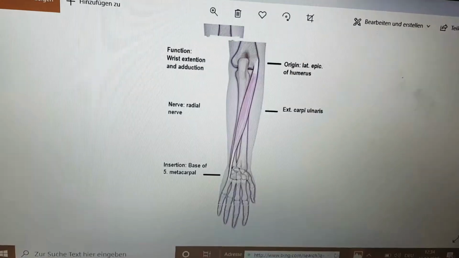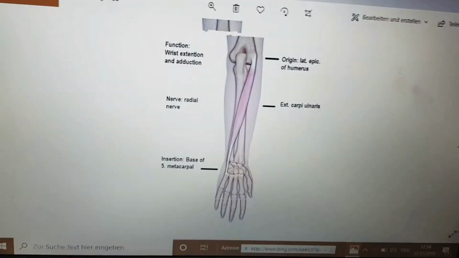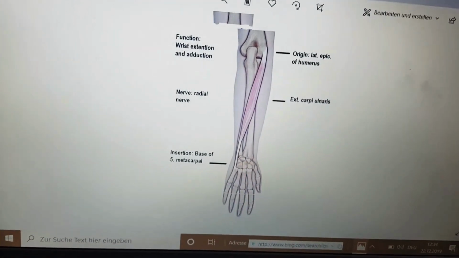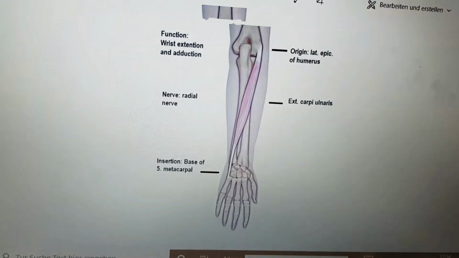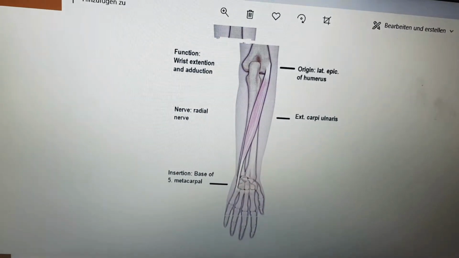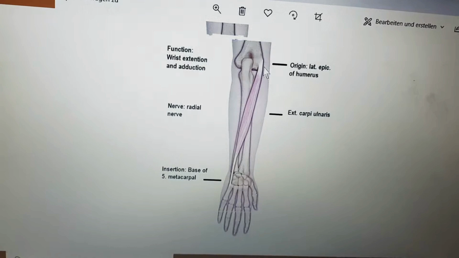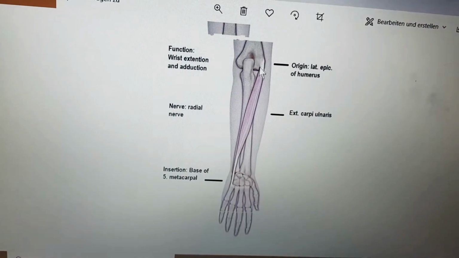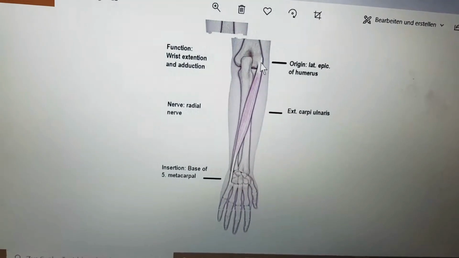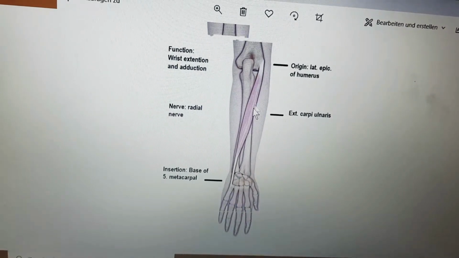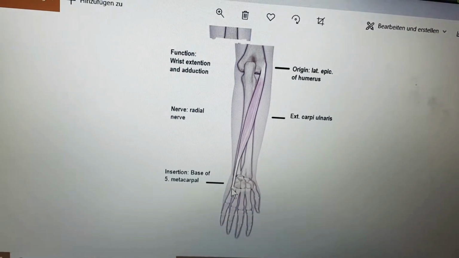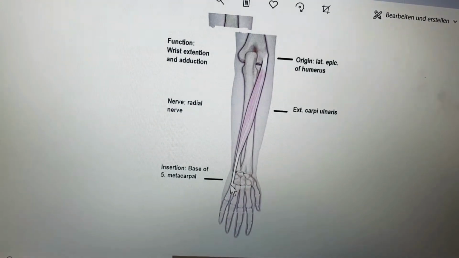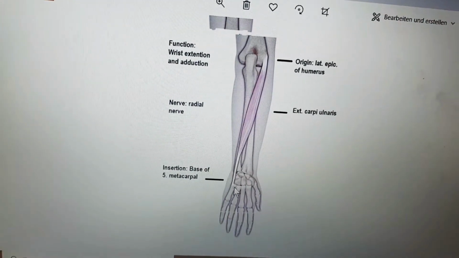So the next muscle is extensor carpi ulnaris. The origin of this muscle arises from the lateral epicondyle of the humerus, comes in this way and is inserted here in the base of the fifth metacarpal bone.